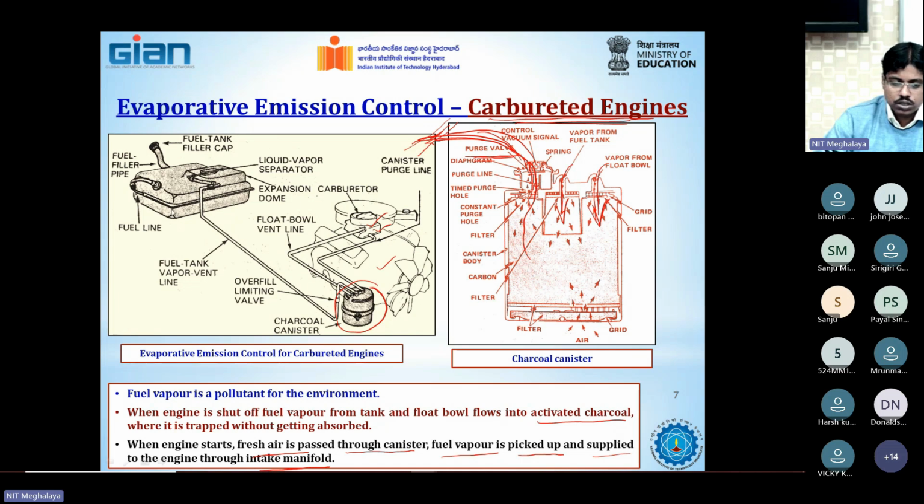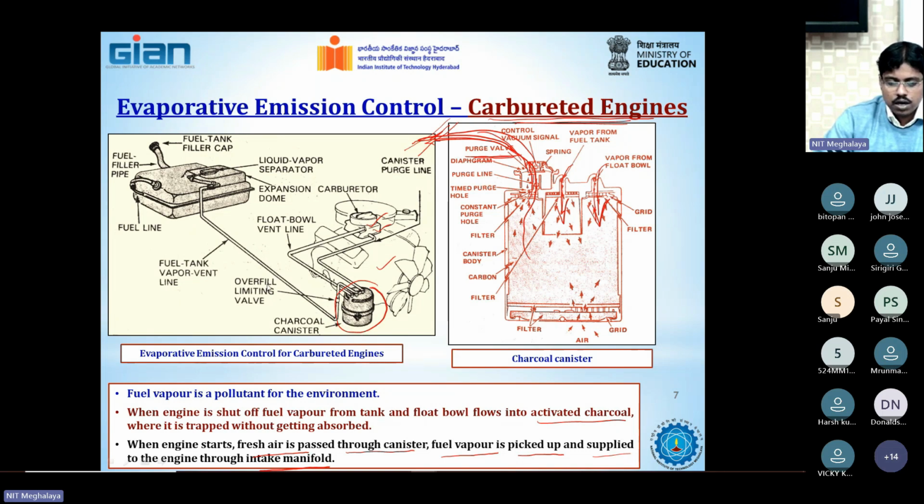So this gas is stored in a charcoal canister, mostly during the idle hours, meaning when you are not operating the vehicle. At that time the gases are allowed to pass and be stored in the canister.